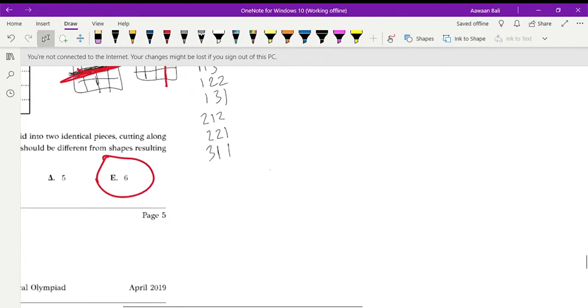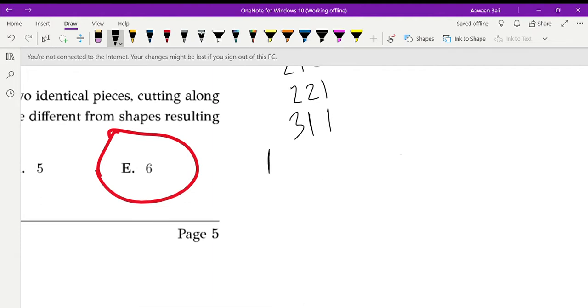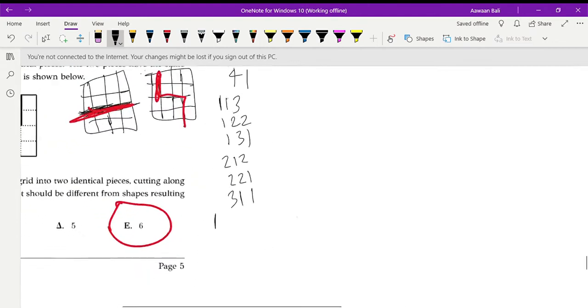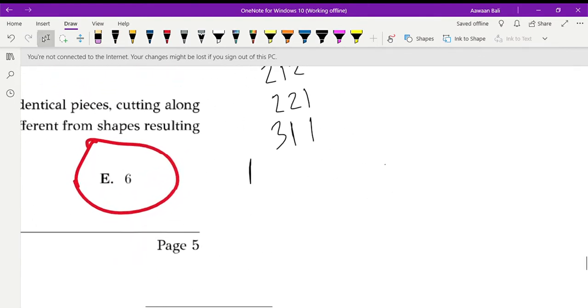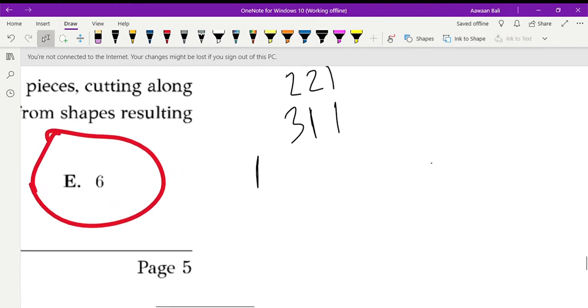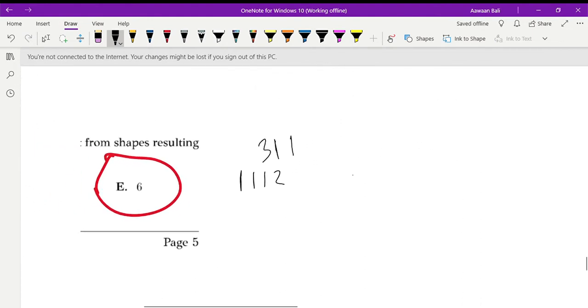But then we can go to 4-digit numbers as well. So let's say the first digit is 1. The rest of the sum has to be 4 and there are 3 digits. So we can say 1112. That's easy.